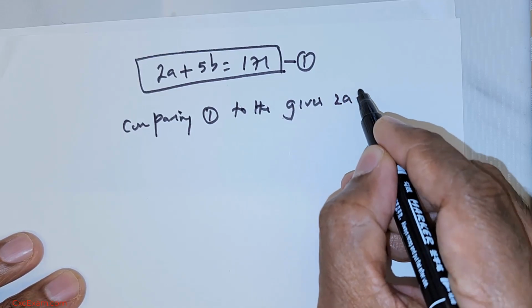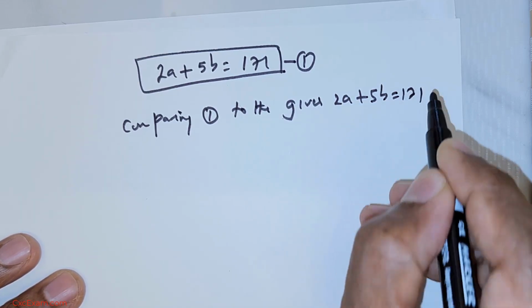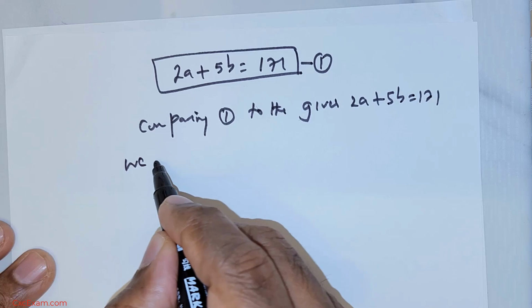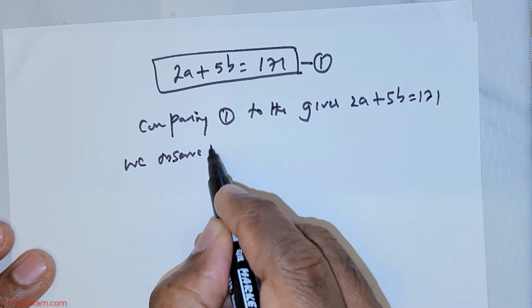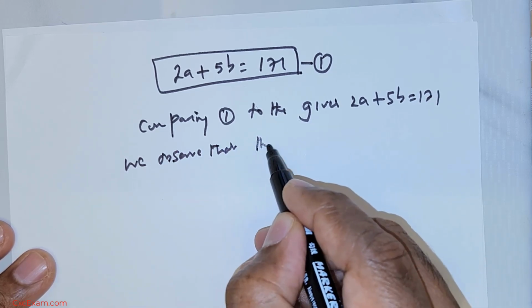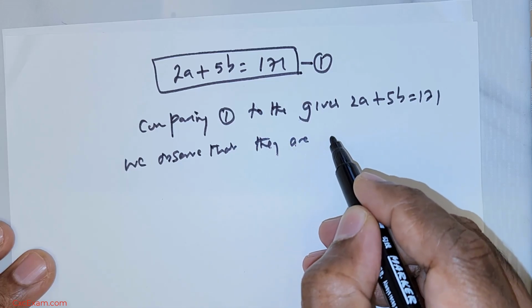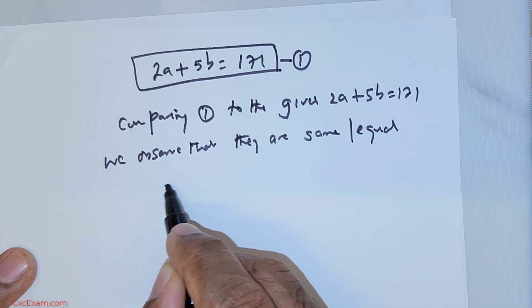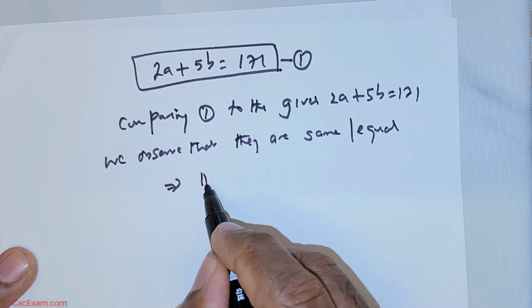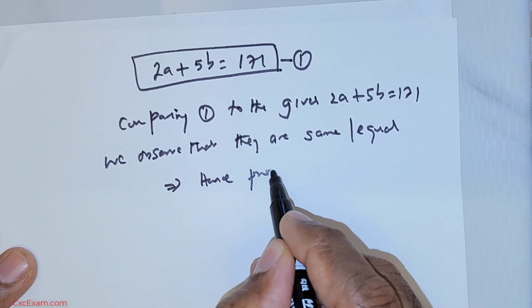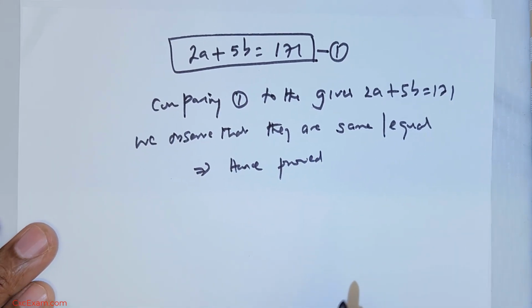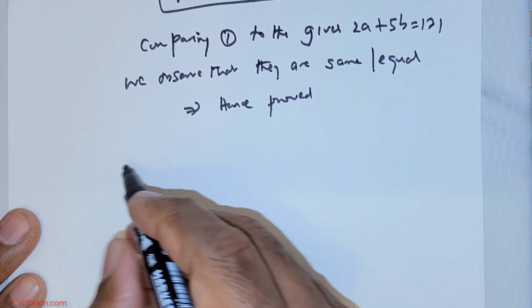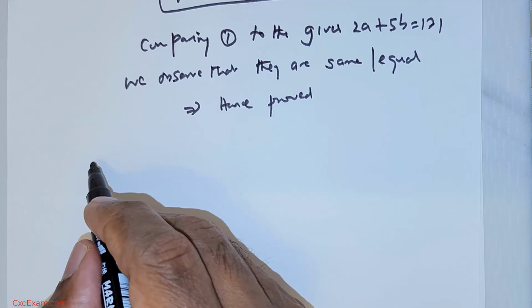So write that. To the given 2a positive 5b is equal to 171. We observe that they are same, or you can use the word, equal. So this means we have proved, hence proved. Okay, so that ends the solution for this question. So the next part, so let me move to the next part.